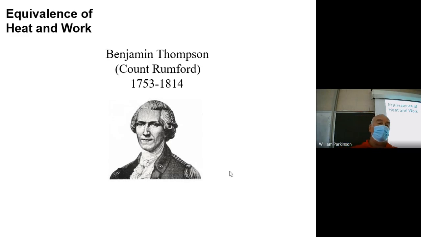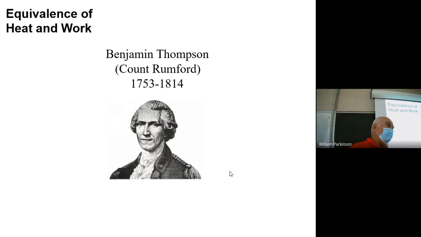So we were able to prove that heat could be converted to work, and later, we were first able to prove work could be converted into heat. That's what Count Rumford here proved. And then later, Watt and Fulton proved that heat could be converted back into work. And now what we come to the conclusion is, well, this is simply a matter of fact with regard to any form of energy.